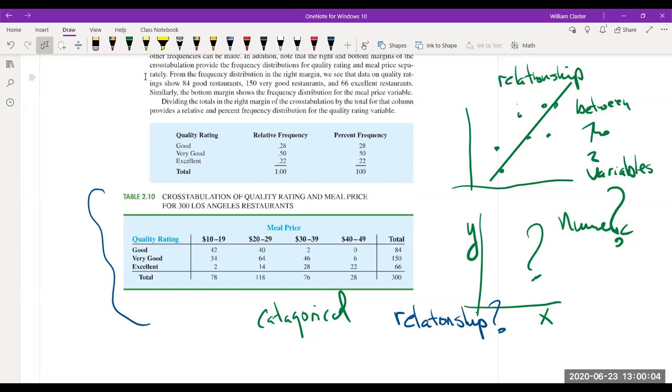Okay, so how would we use something like that? I don't know how a business would use that, but they might use it somehow.